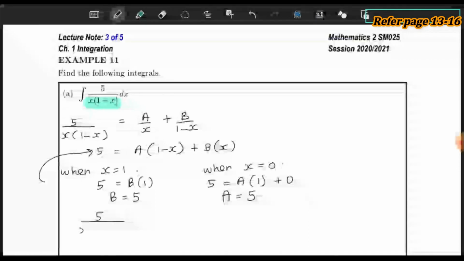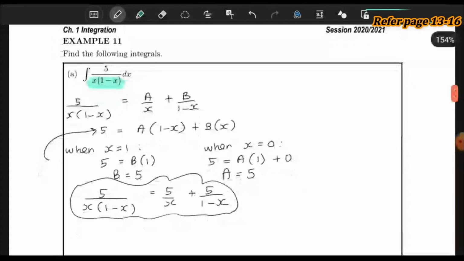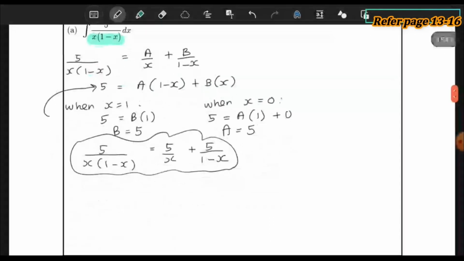So, 5 over x 1 minus x equal to, we replace a equal to 5 and b equal to 5 into the partial fraction. So, we have 5 over x plus 5 over 1 minus x. So, this is the answer for the partial fraction. Now, we go to the integral.